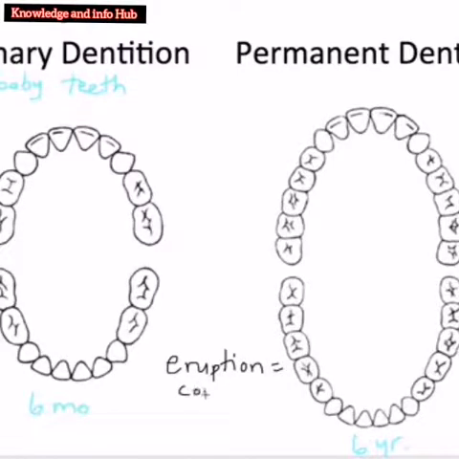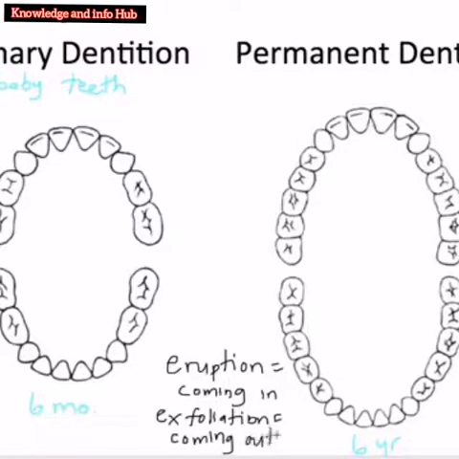So eruption is coming in, and exfoliation means that the teeth are being shed, they're coming out of the mouth. So as the permanent teeth erupt, the primary teeth that are being replaced will be exfoliated. So that's a helpful way to think about those terms.